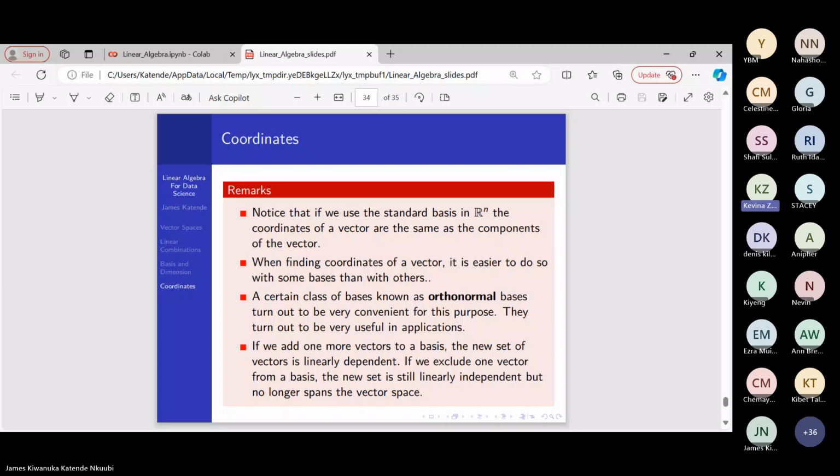I might have missed the explanation, but why do vectors in dimensions have to be linearly independent? They don't have to be. Yeah, I think you've missed a lot of the class.